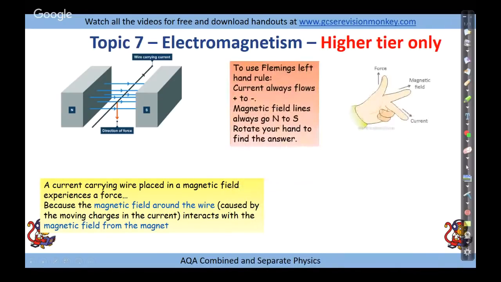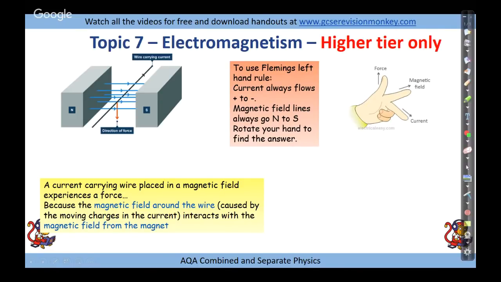Now, we can use Fleming's left-hand rule to help us to work out the direction that this current-carrying wire that's in a magnetic field will move. So to use Fleming's left-hand rule, you need to know current always flows plus to minus. So in this diagram, current is moving away from us. So you need to get your middle finger, your swearing finger, and point it into the screen.